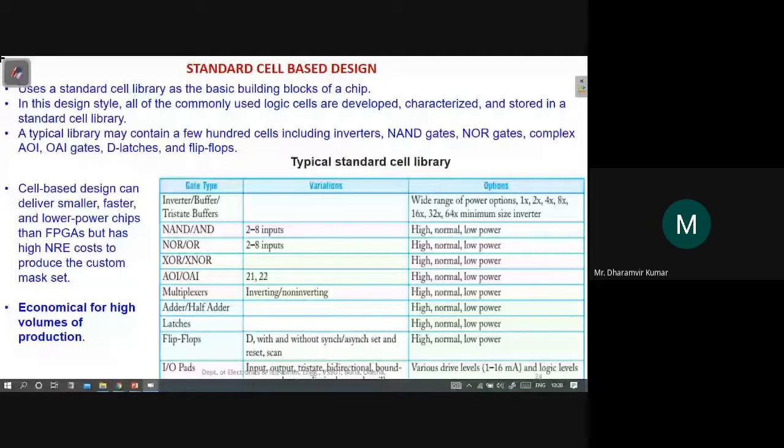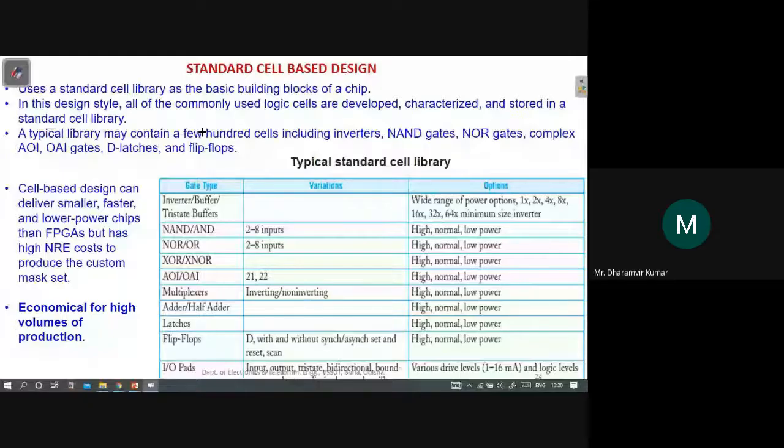But here, the difference is that if the library is available to us, then the work to be done is just to pick up the components from the library, and combine and connect those components properly to design your functionality, to design your circuit. So it assumes that the library is available.